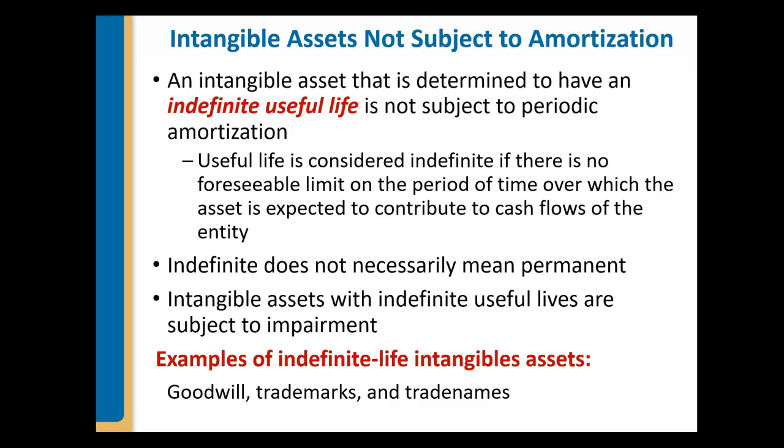The life of the purchased trademark is initially considered to be indefinite, and the cost of the trademark is not amortized. But if after several years management decides to phase out production of the tire line over the next 3 years, then Collins could amortize the remaining book value over that 3-year period.